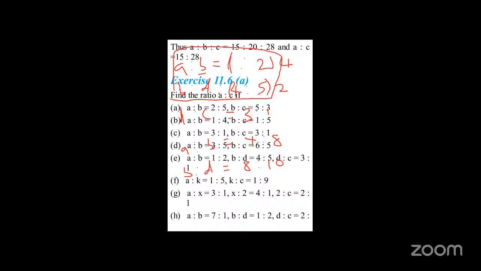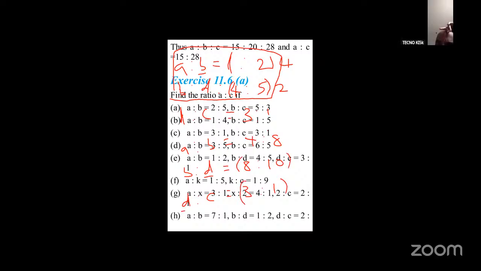Then we move on to the third one, which is D to C, given by 3 ratio 1. When you look at the common figures here, it is D and D. So we need to make the value of D the same.